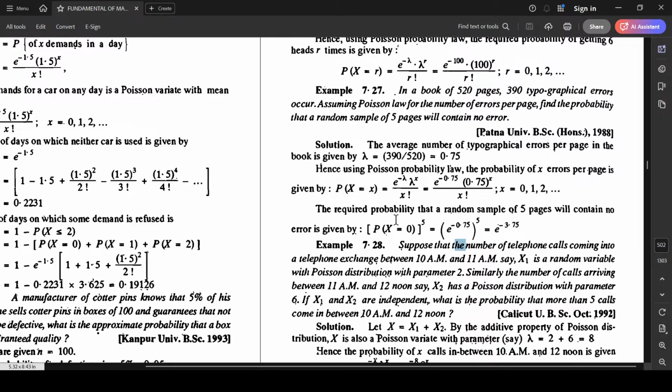Hence, using Poisson law, the probability of x errors per page is given by e to the power of minus mean, mean to the power of x, over x factorial. Here the mean is 0.75, so e to the power of minus 0.75, 0.75 to the power of x, over x factorial. And it says 5 pages, a random sample of 5 pages.